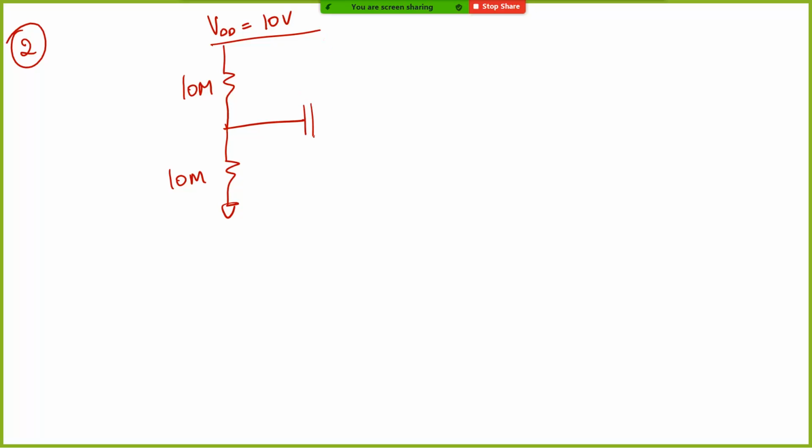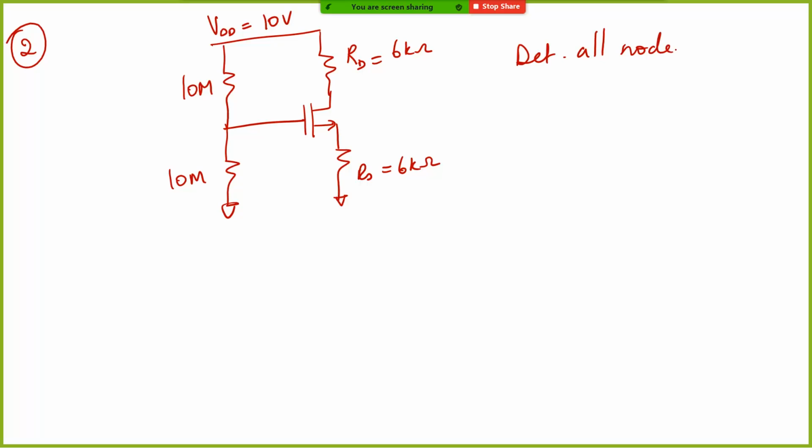So here RD is given as 6 kilo ohm, RS is also 6 kilo ohm, and basically determine all node voltages and branch currents.